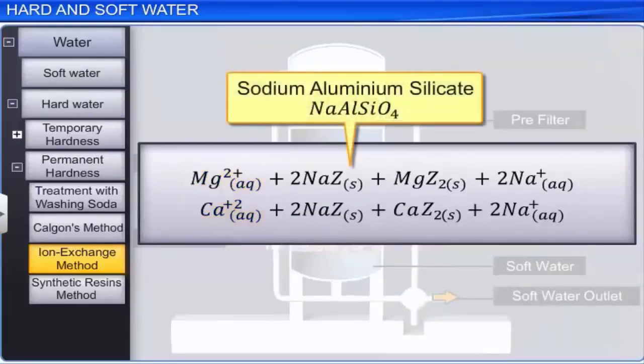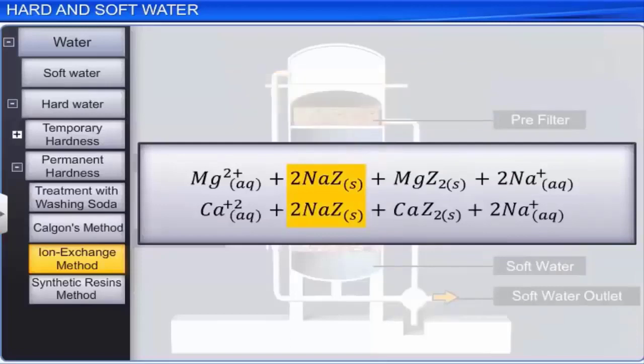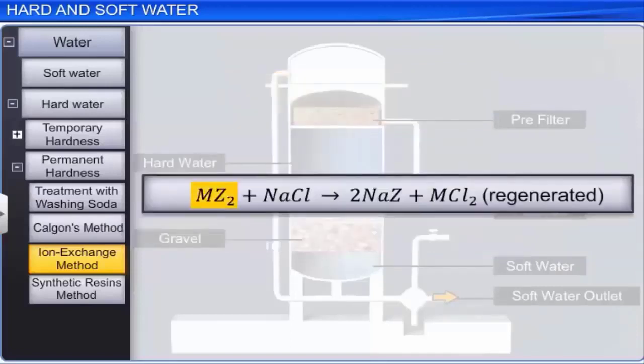For simplicity, sodium aluminium silicate, NaAlSiO4, is written as NaZ. Once all the sodium in the zeolite is used up, it is regenerated for further use by treating with an aqueous sodium chloride solution.